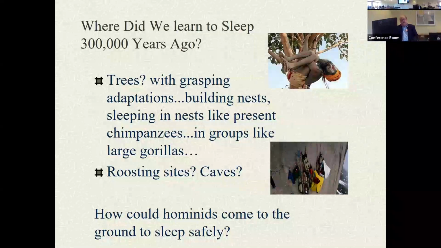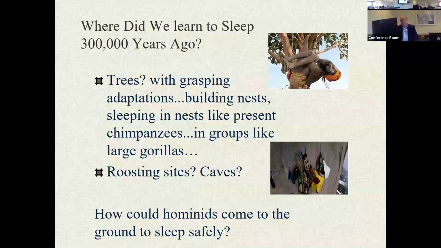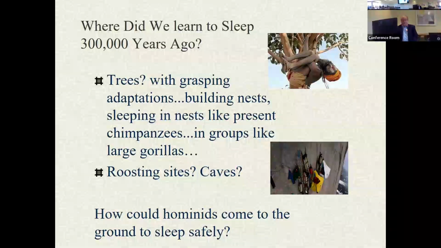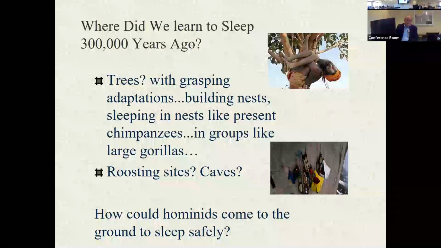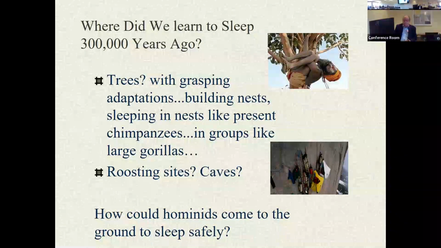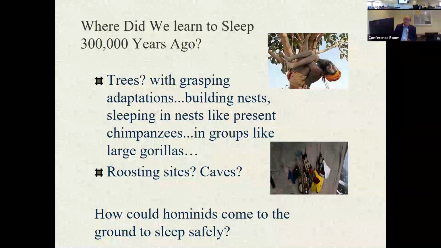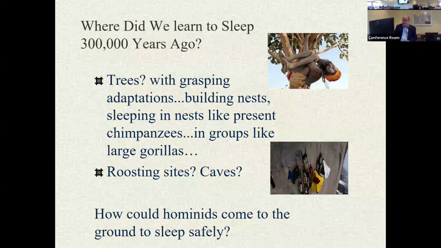So where did we learn to sleep 300,000 years ago? That's starting to evolve as they're finding very complex variants going back 120,000 years. So, grasping adaptation, building nests, sleeping like chimpanzees and in groups like gorillas.